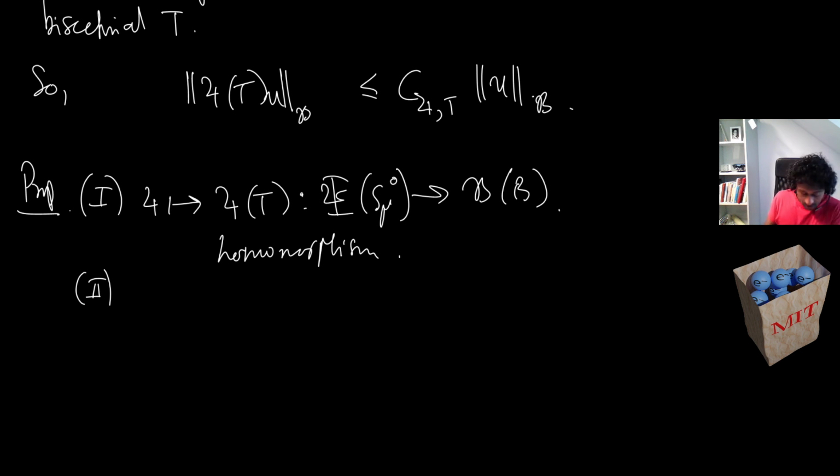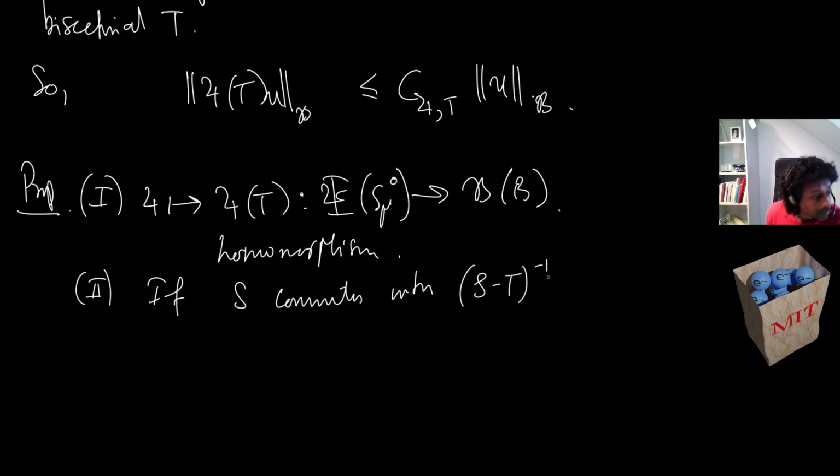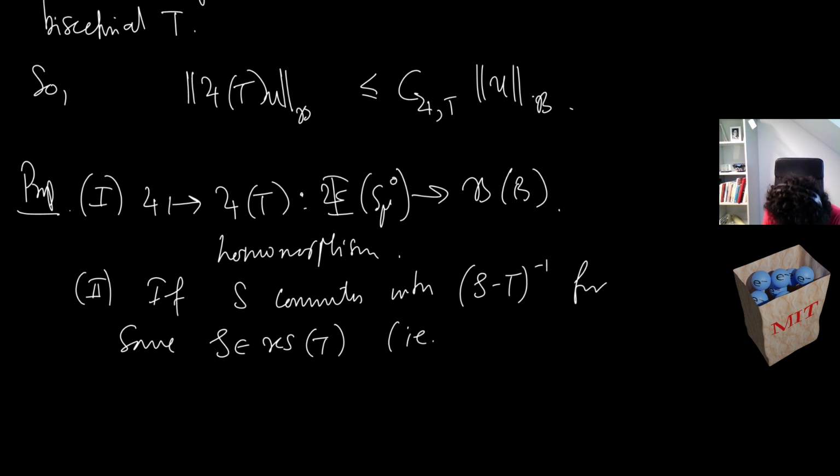So if the operator S commutes with the resolvent for some zeta in the resolvent set of T, what does that mean?